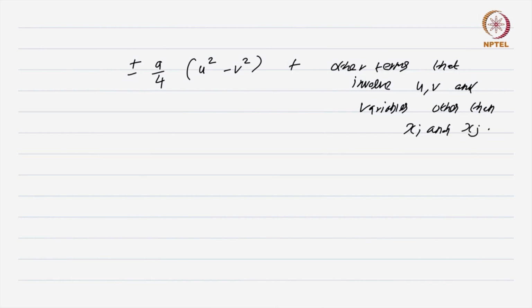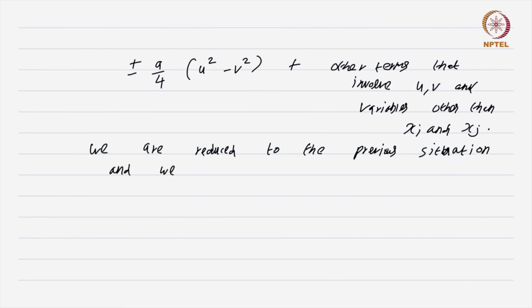Now we are reduced to the previous situation. There is a square term occurring. For instance, this u squared and v squared, both of them occur. We are reduced to the previous situation, and we can write this as a sum of squares.